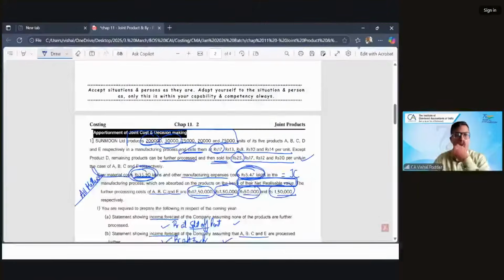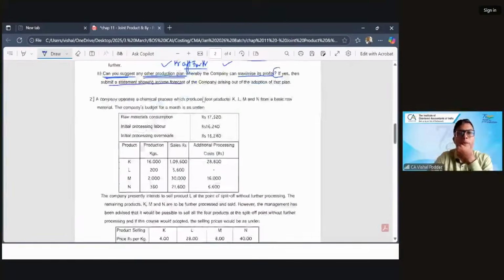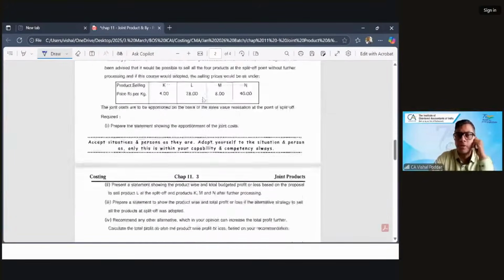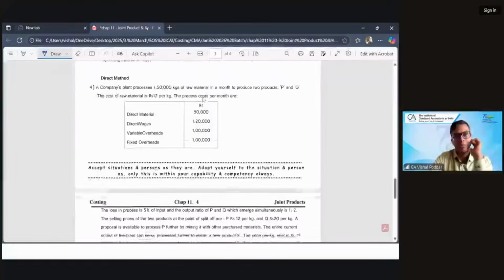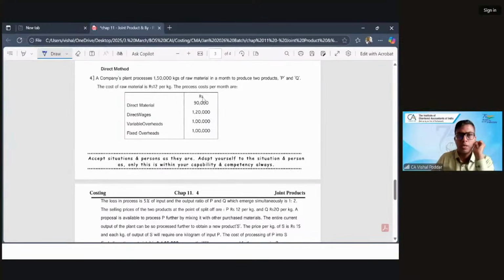This is clear. Then you are expected to solve homework question 2 and question 3. Now I'll take question 4, which I have named as direct method.